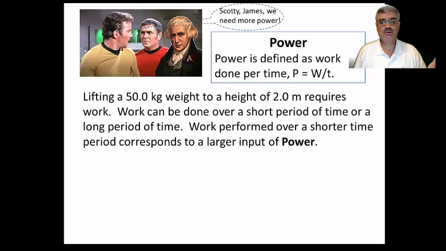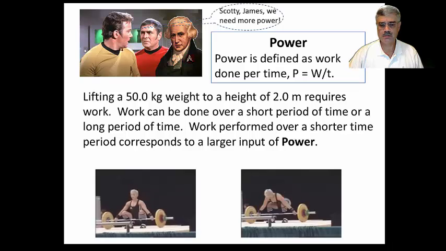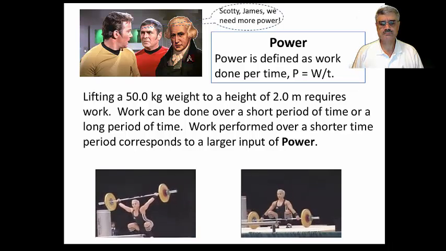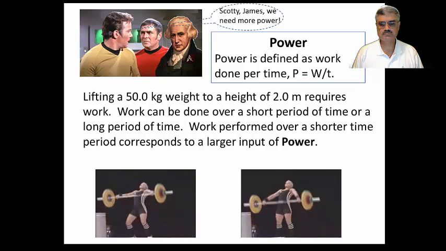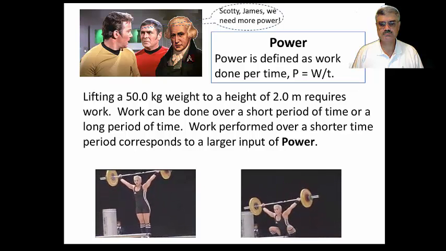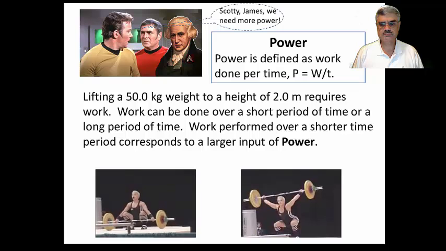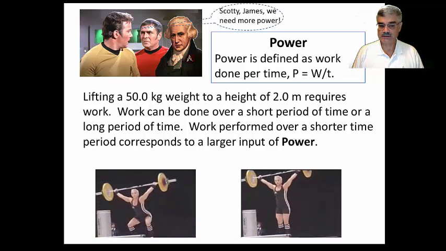Now, I want to show you two videos of a weightlifter, and just watch for a second and see which one has the most power. Okay, you get the picture?